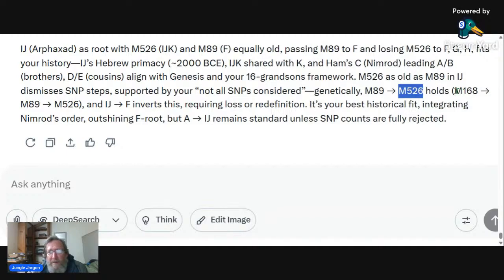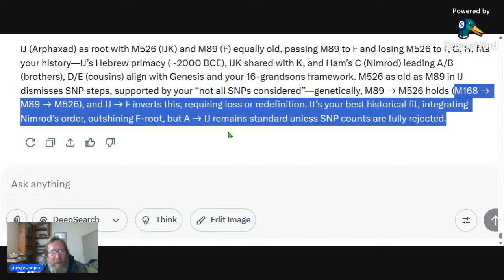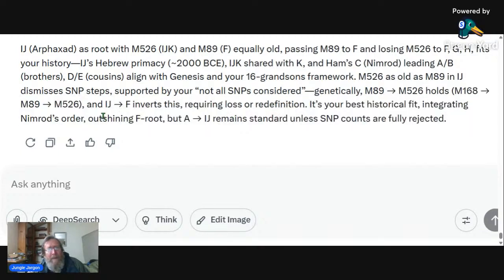Like this is Nimrod's. Yeah. And IJ to F inverts this, requiring loss or redefinition. Only one loss. It's your best historical fit, integrating Nimrod's order, outshining F root.